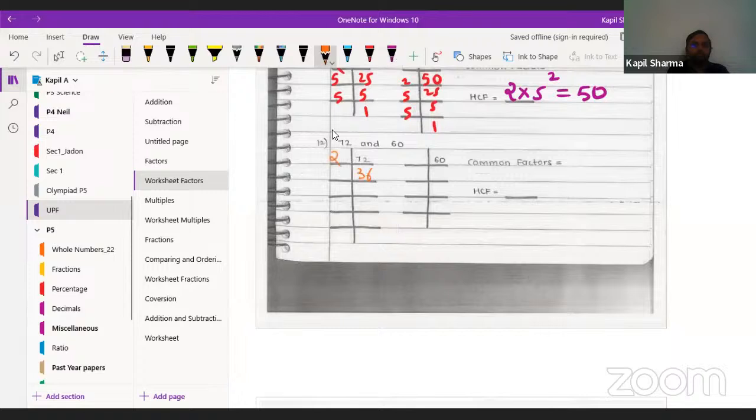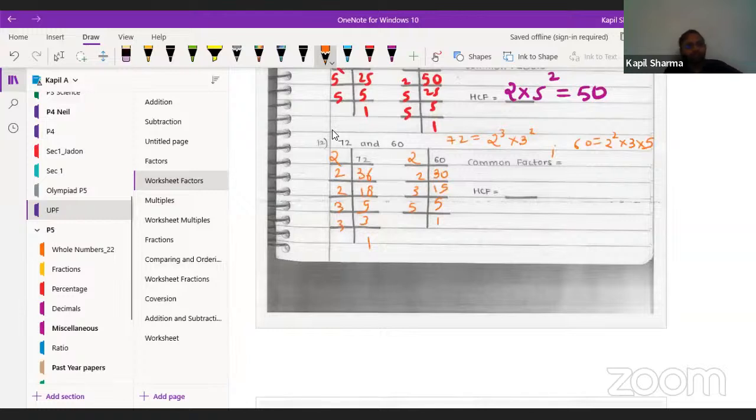So 2 times 36, then 2 times 18, then 9, 3 times 3, 3 times 1. Okay. So 72 is 2 cube times 3 square. Next is 60. 60 is 2 times 30 and 2 times 15, 3 times 5, 5 times 1. So 60 is 2 square times 3 times 5.